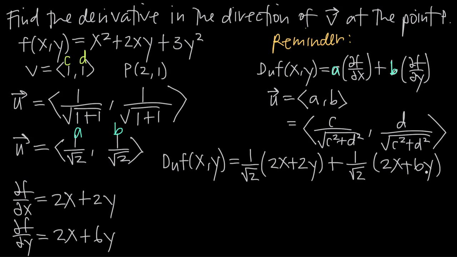This is the formula that models the directional derivative everywhere in the direction of the unit vector u, but remember we're interested in the specific point 2, 1.